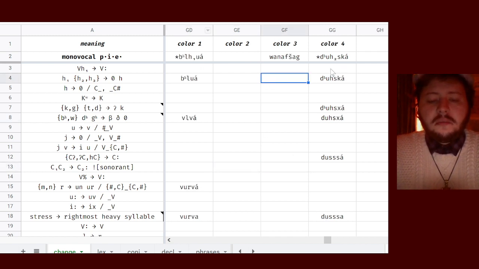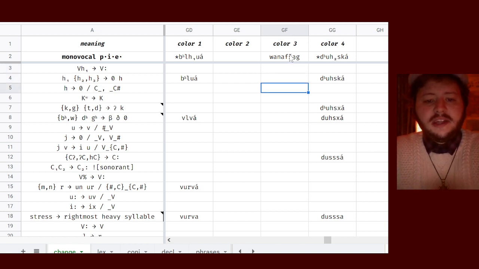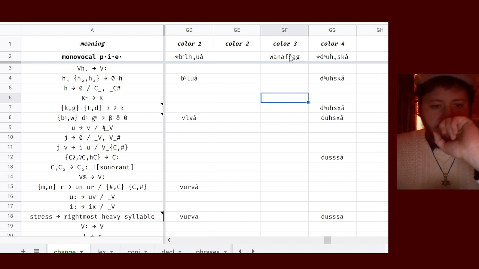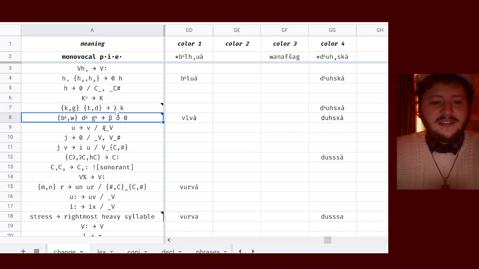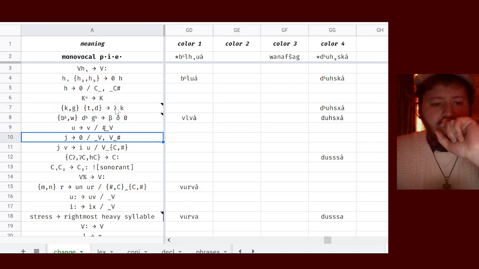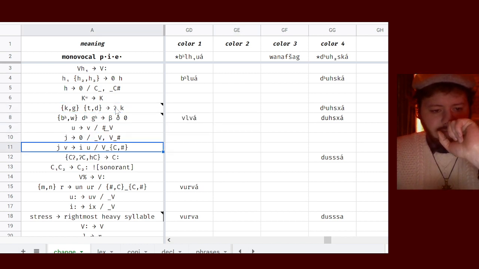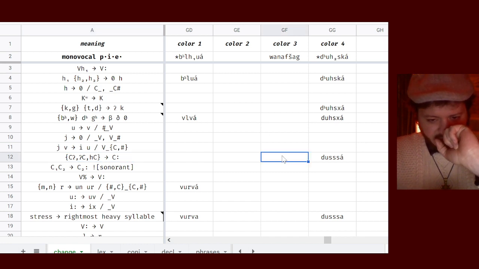I've taken from Proto-Indo-Iranian and taken that from hereish, like post the Centum Satem split, which is like here. So this probably takes centuries. This part. So I'm thinking it happens like here, right before the consonant gemination, because I'm going to do consonant gemination here.